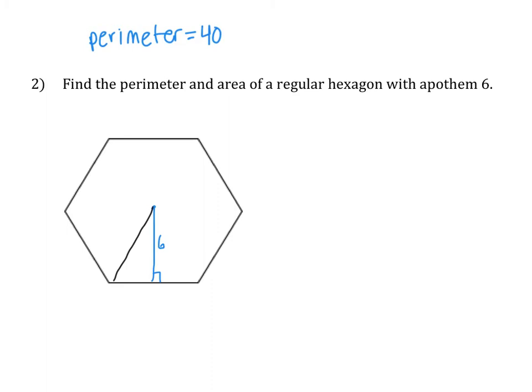So in the problem that we did previously, we learned that we could find the total sum of the angles by doing n minus 2 times 180, which in this case is 720. And then if you split that up into 6 different angles, we get that each angle is 120 degrees.